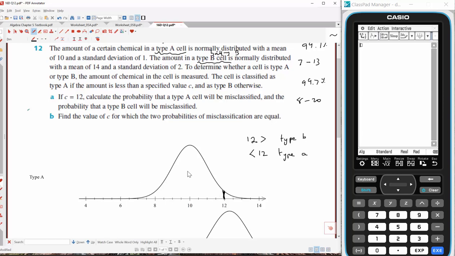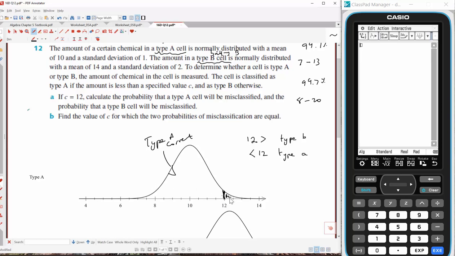Right, so if I've grabbed it, and it's a type A battery, mind you, I don't really know that it's a type A battery, but I've grabbed it. If I measure less than 12 over here, then I'm going to say that it is indeed type A. And that would be a correct classification if it is a type A battery.